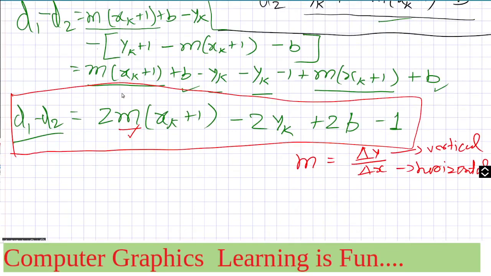So suppose we are trying to replace m by this thing. So what will happen is this thing. We have this d1 minus d2 here, right?